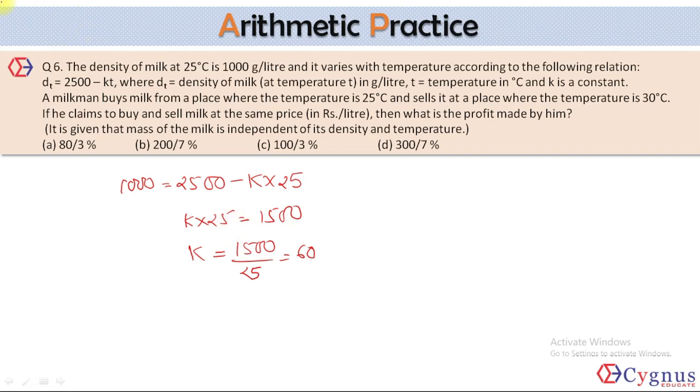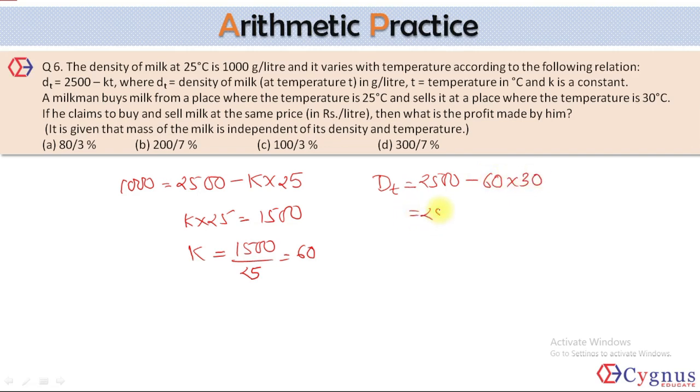The next part, what's given here? A milkman buys milk from a place where the temperature is 25 and sells it at a place where the temperature is 30. So when the temperature becomes 30, definitely there will be a change in density. Now the density would be 2500 minus k. k was a constant and its value is 60. What's the temperature? 30.